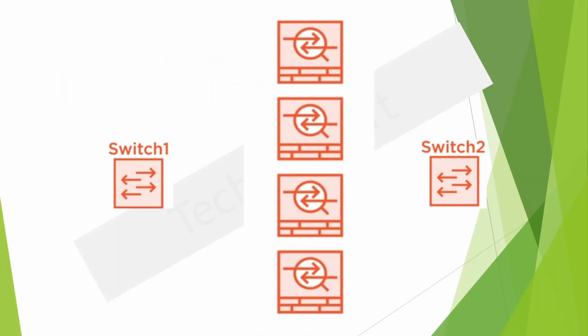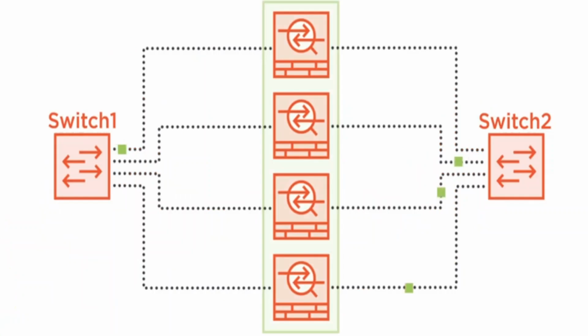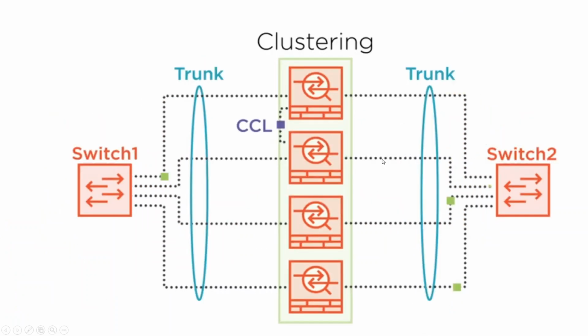So let's just put a switch out here and then put another switch, and this cluster acts just like a single ASA. Now these ASAs are going to communicate with one another over what's called a CCL, a cluster control link. And so they will be able to have synchronized configuration and manage flows and so on and so forth.